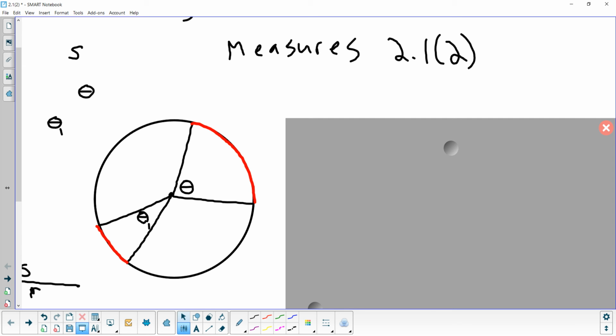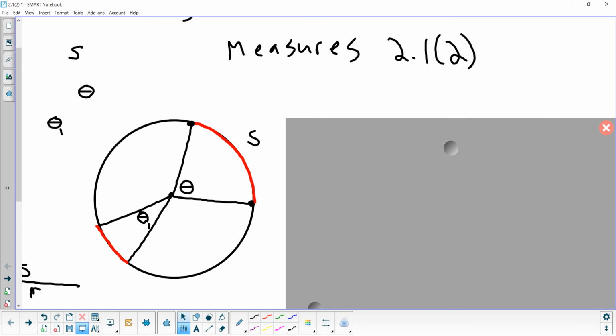Now, each one of those angles has two rays coming from the center. And at some point, those rays hit the edge of the circle. Between the two dots where the rays hit the circle, I drew that curve in red. Anybody remember what that's called? It's an arc. And in this section, just to use the same letter that your book uses, they let an arc be represented by the letter S. Okay.